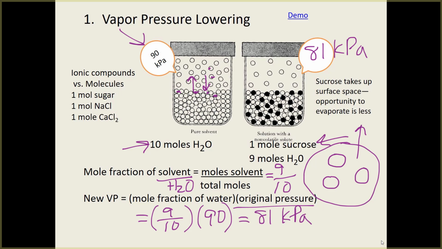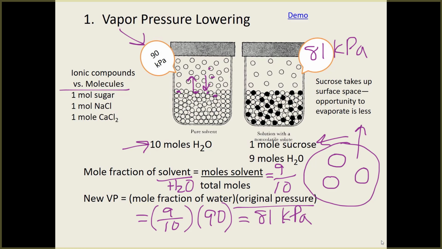When you look at 1 mole of sugar compared to 1 mole of salt or 1 mole of calcium chloride, you find that they will have different numbers of particles in solution. So even though we add 1 mole to our 9 moles of water, we end up getting more particles for ionic compounds. In your homework, I will always tell you if it is molecular or ionic.